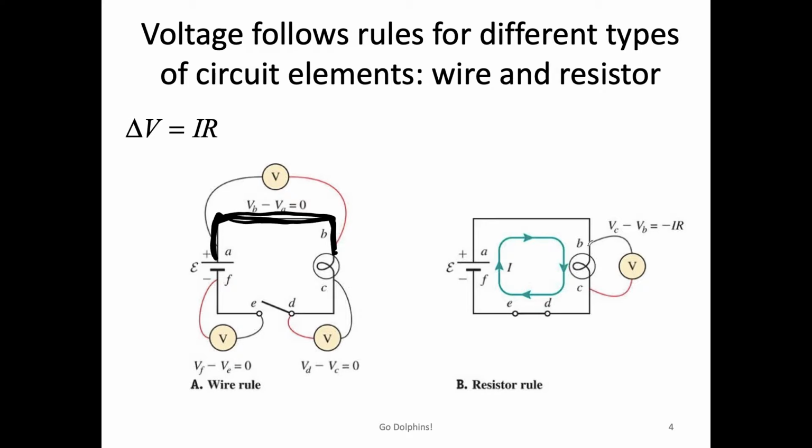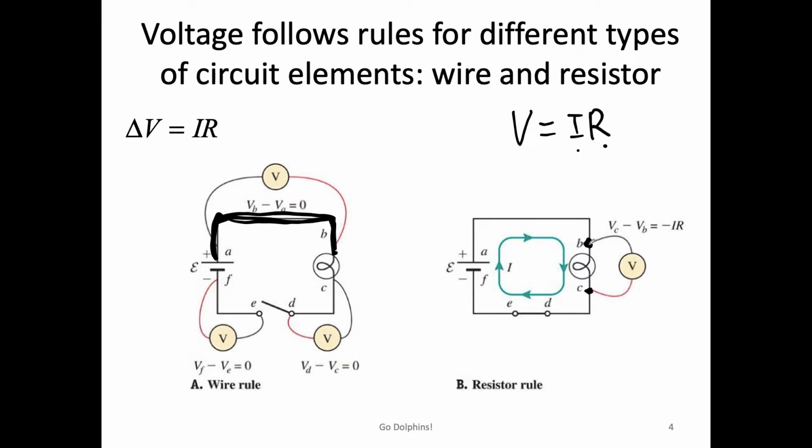Now if you have a resistor, on the other hand, if there is a current going through this resistor, we have Ohm's law, V equals IR. The potential difference over this resistor equals the current going through the resistor times the resistance of the resistor itself.